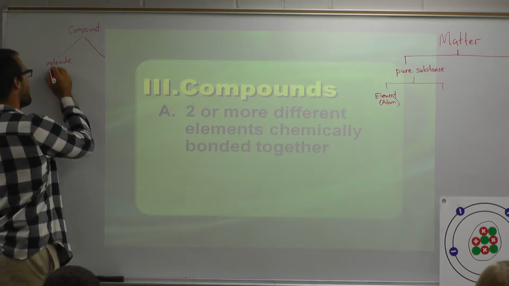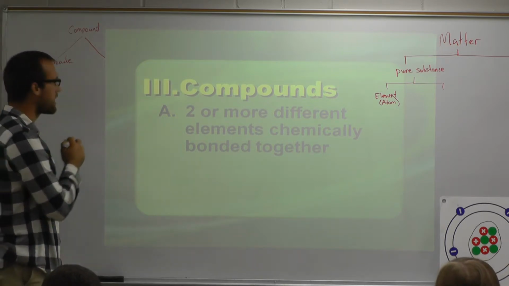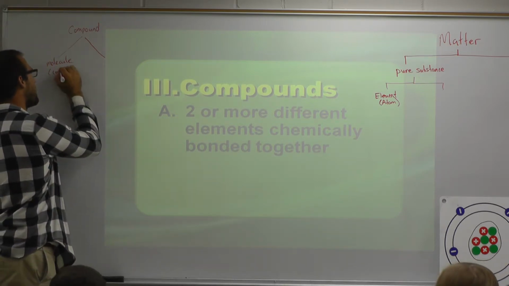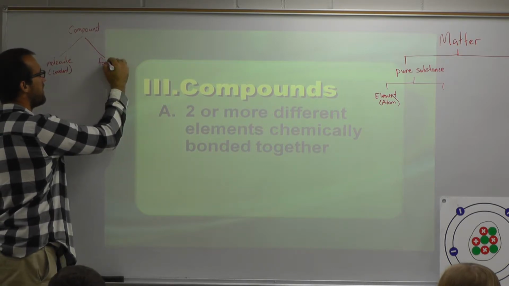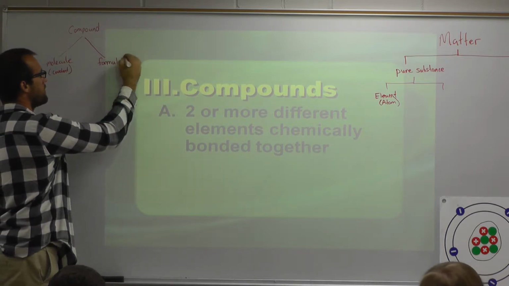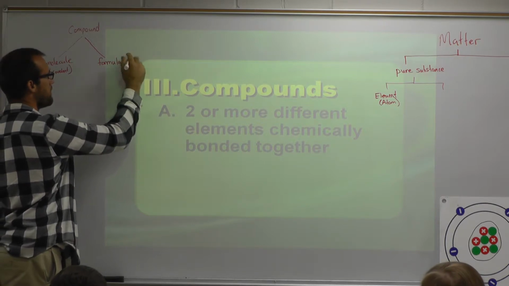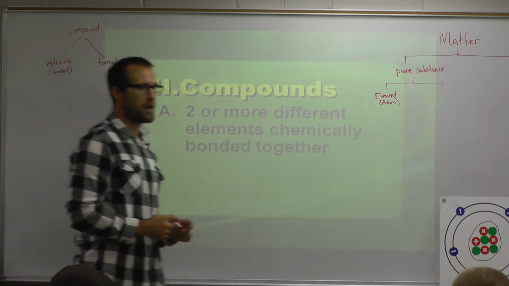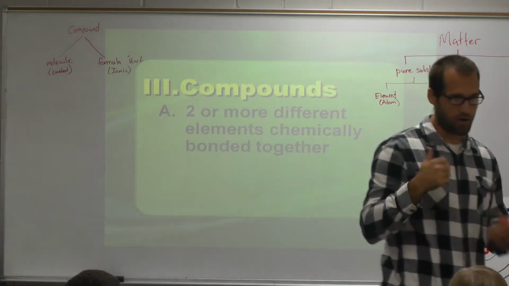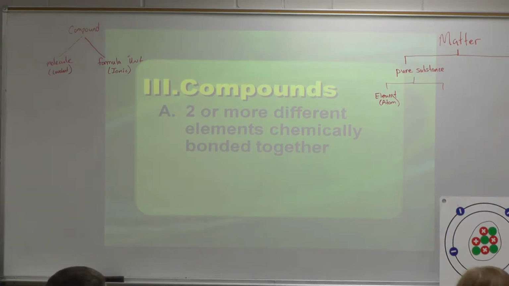Okay? A molecule is bonded a specific way. It's bonded covalently. The other way a compound could be bonded is called a formula unit, and it's ionic. Now we will talk later on about covalent and ionic. I'm not going to make you know at this point what a formula unit and a molecule is.